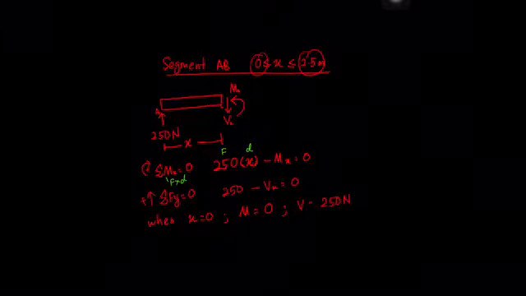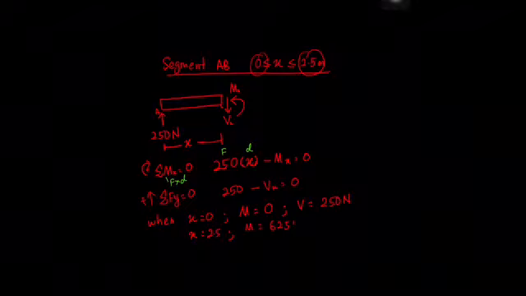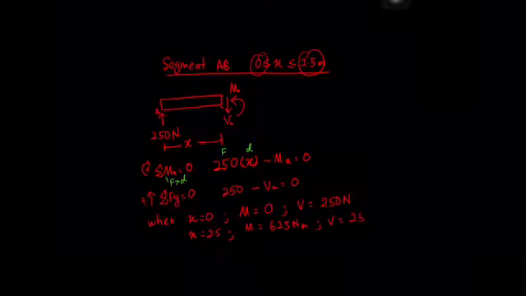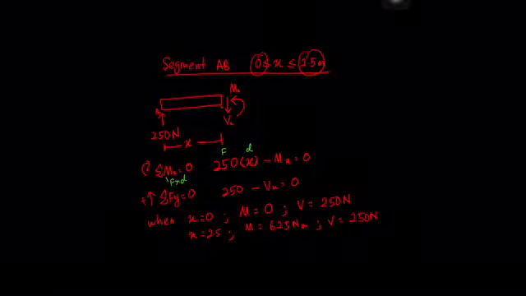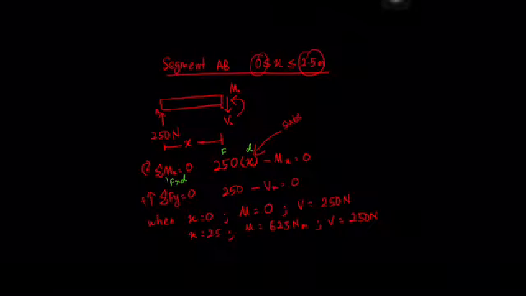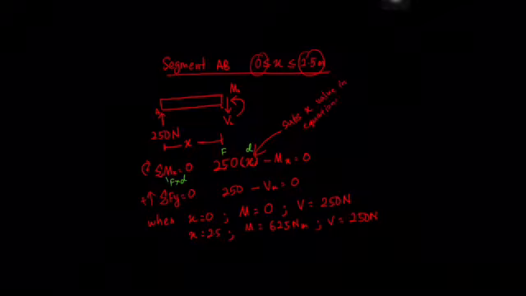And then V is equal to 250 Newton. Then when x is equal to 2.5, your moment is equal to 625 Newton meter, and V is equal to 250 Newton. Okay, you substitute the x value in the equation.